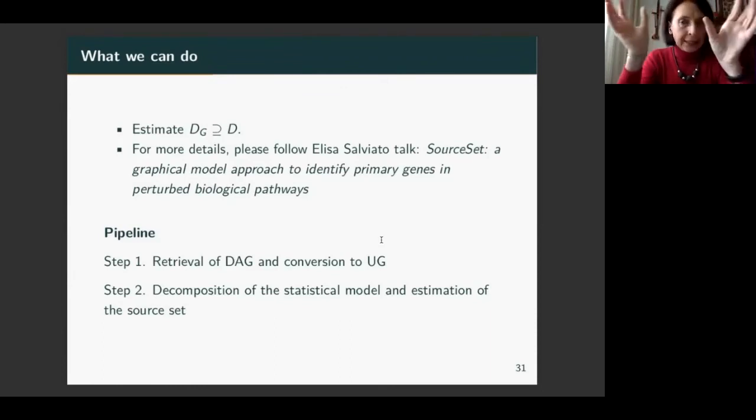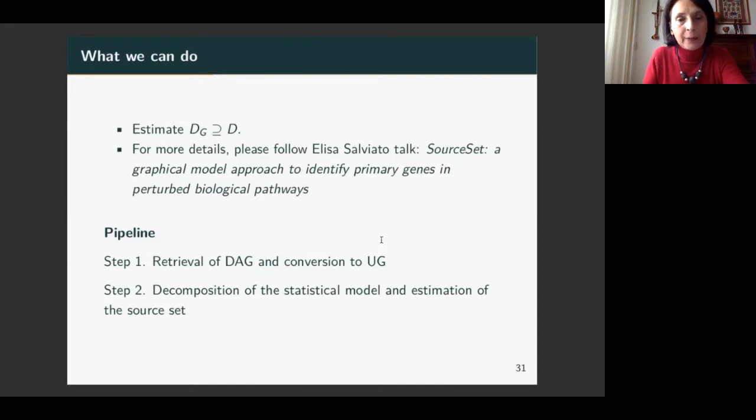I'll be giving you just an intuition here, but if you are interested in this topic, please do follow Elisa Salviato's talk later on, because she will be giving the details with greater emphasis. The pipeline is similar to before: two steps, retrieval of a DAG and conversion to an undirected graph.